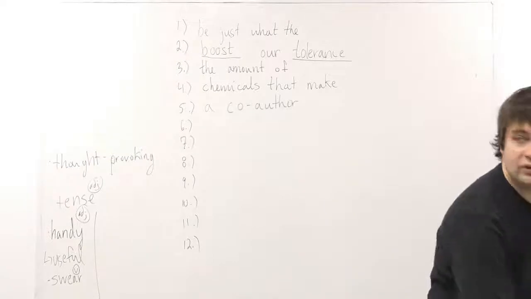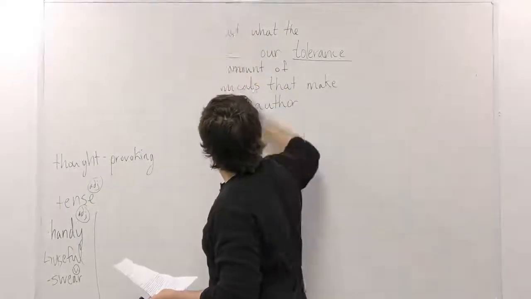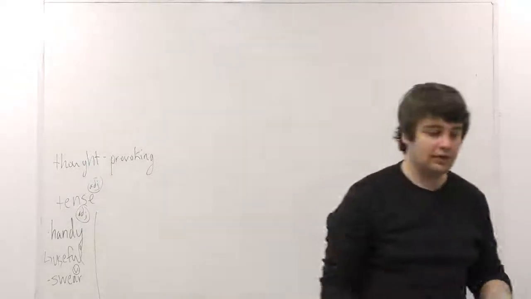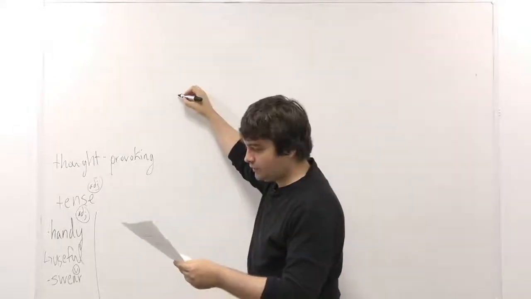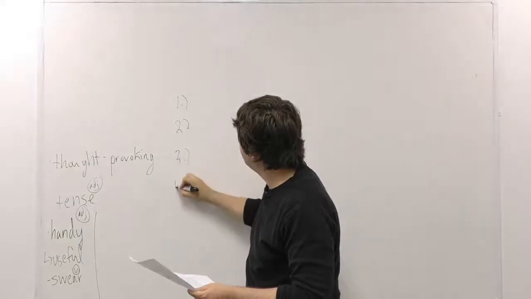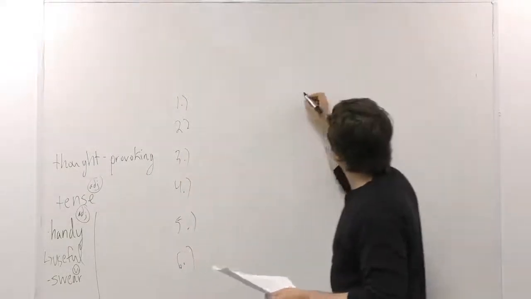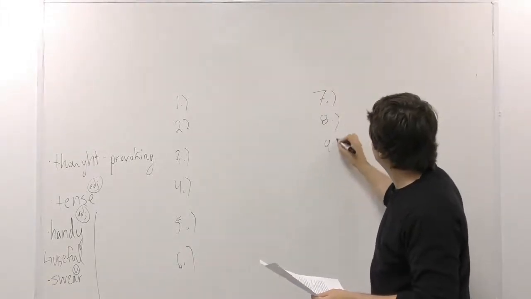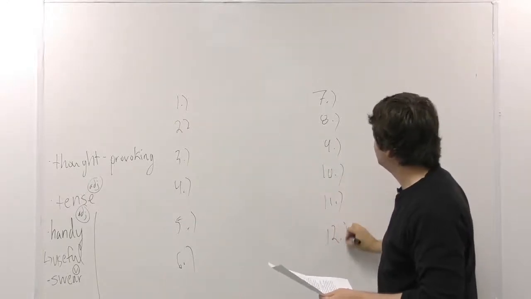Let me kind of restart, but I'll try to do this quickly. Sorry, I didn't realize that I was writing it too high on the board. So let me write it about here. 1, 2, 3, 4, 5, 6. And then we'll do 7, 8, 9, 10, 11, and 12 here.